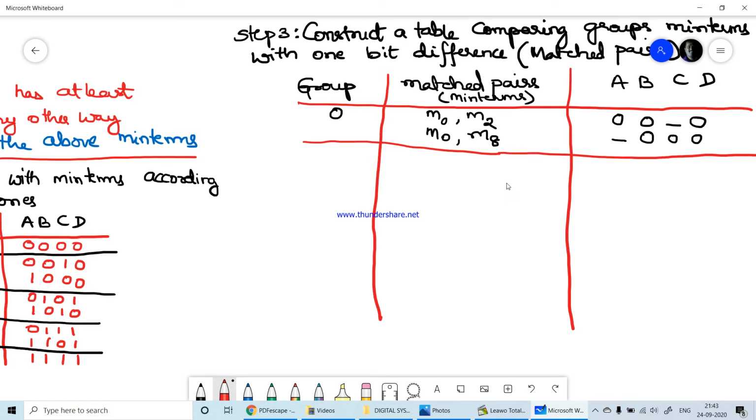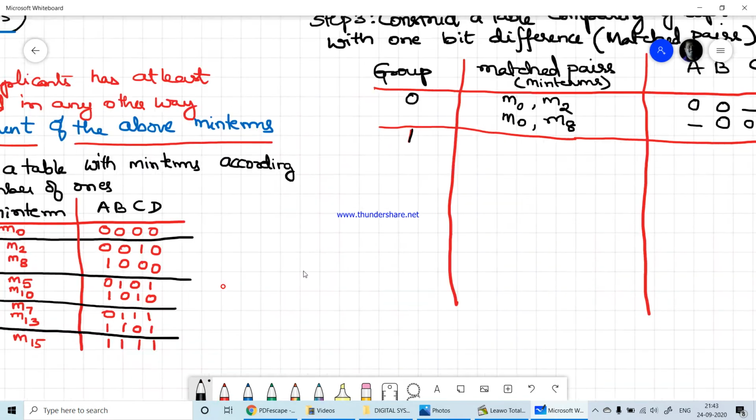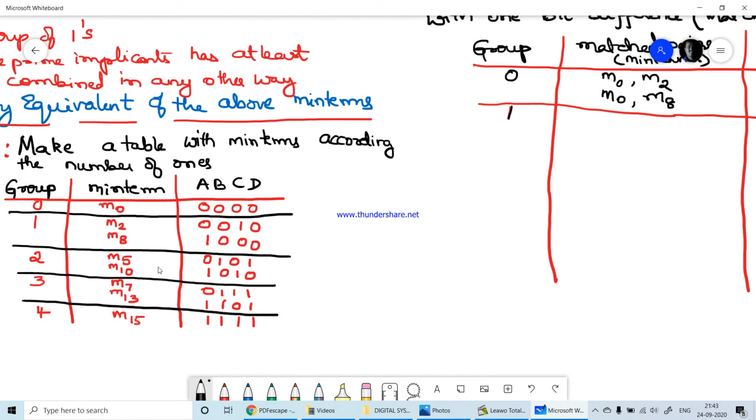Now coming to group 1, let us see what we get. M2 is compared with M5. Can we do that? 0 0 1 0 and 0 1 0 1.